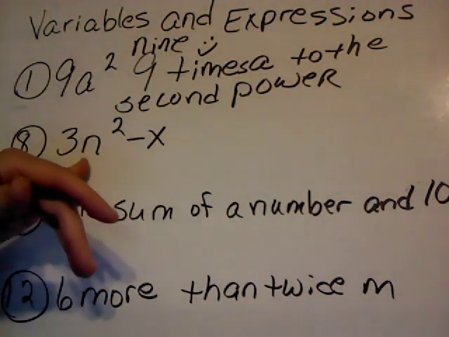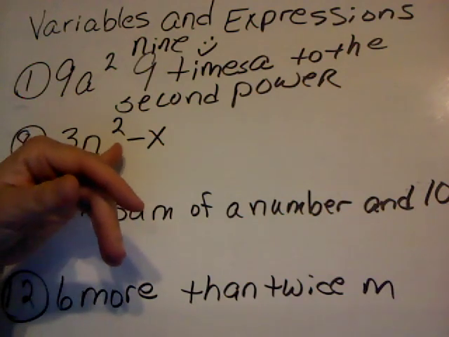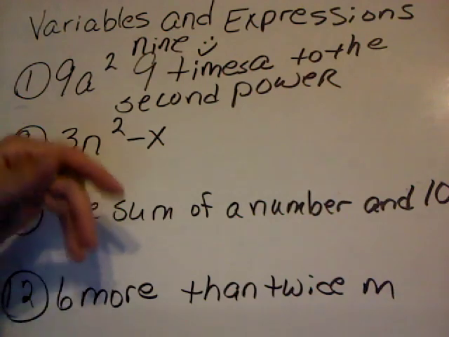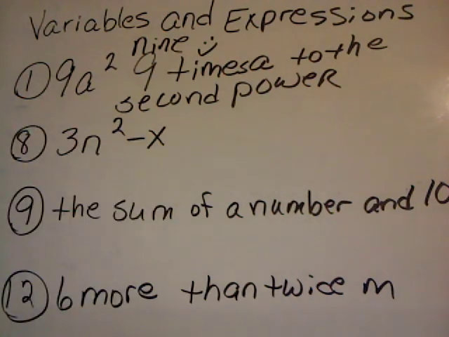3 times n squared minus x. Now if I don't want to use minus x, I can say less than x, decreased by x, a number squared decreased by x.